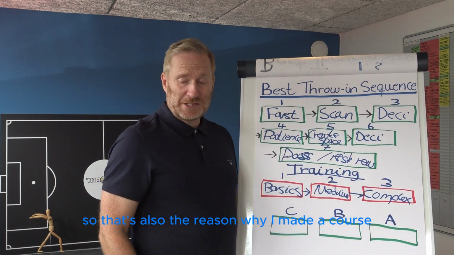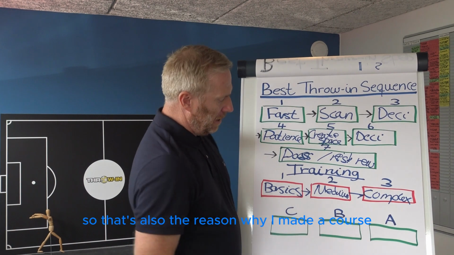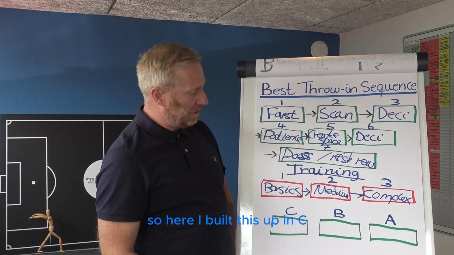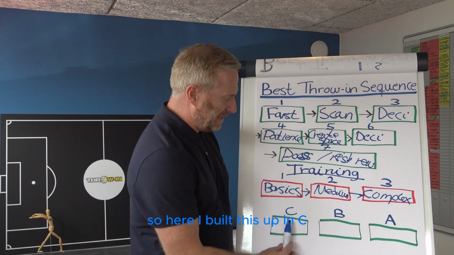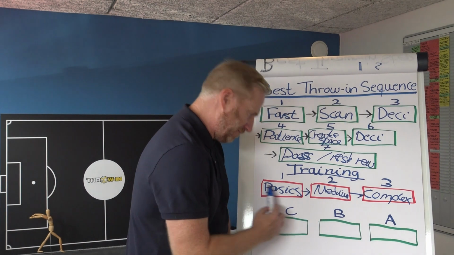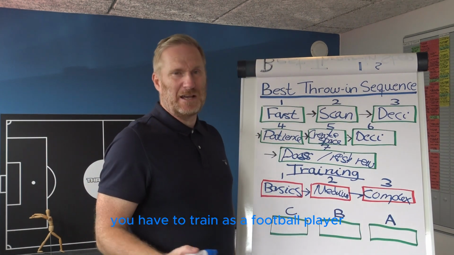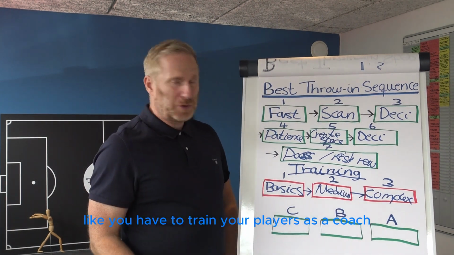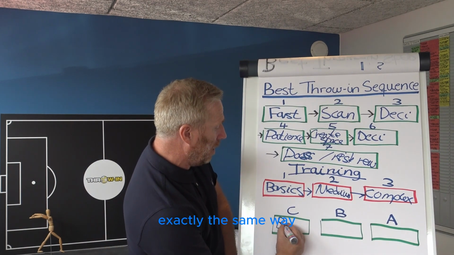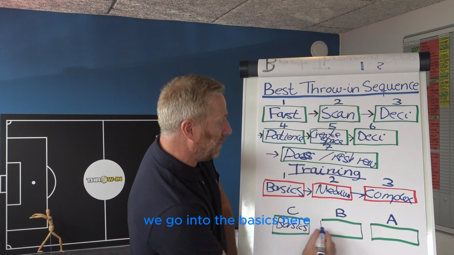So that's also the reason why I made a course. I made my own Gronnemarks Throw-In Academy. So here I built this up in C, B, and A. And actually, like you have to train as a football player, like you have to train your players as a coach. It's also built up exactly the same way. We're going to the basics here.